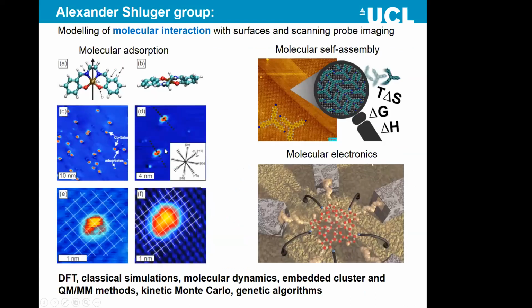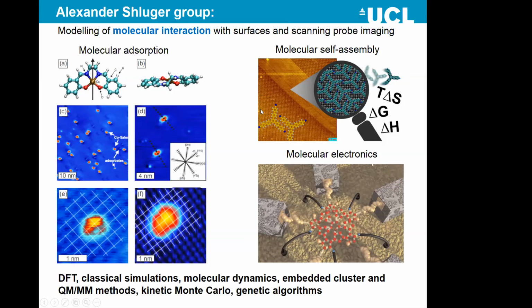Another type of problem relates to the interaction of molecules with surfaces, which is linked to our collaboration with experimentalists using atomic force microscopy. In this case, we look at surfaces which are shown on the left, where these bright dots, I guess you may see my arrow, are representing molecules where single molecules get adsorbed, or indeed self-assembled monolayers.